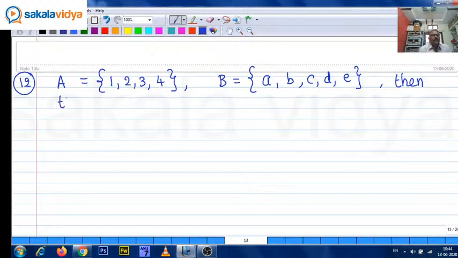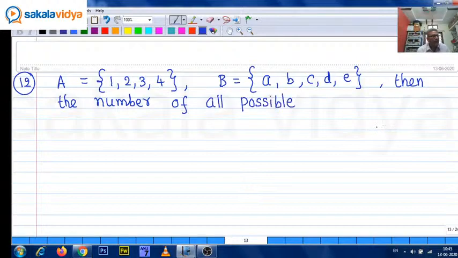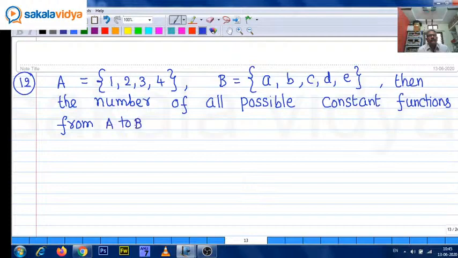Then the number of all possible constant functions from A to B. See, all types of models have been covered in this one now.